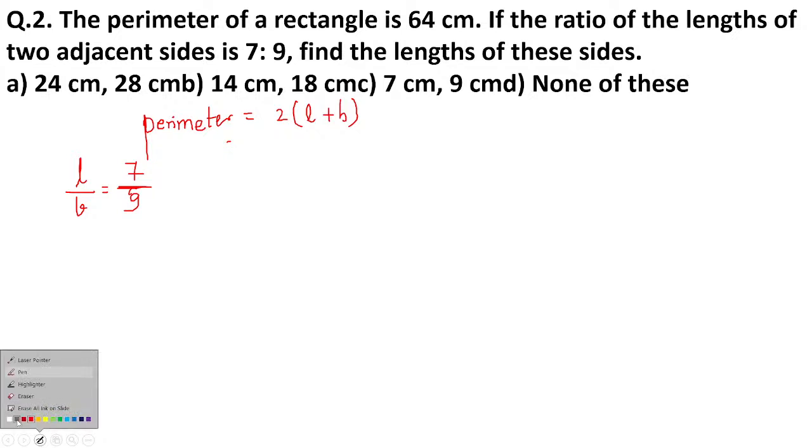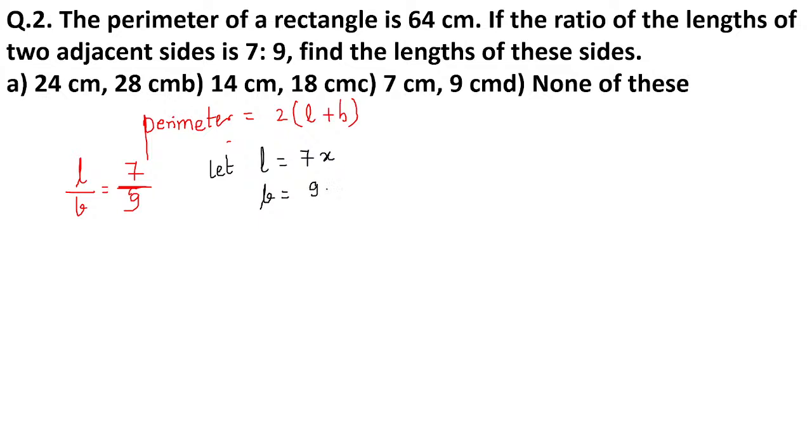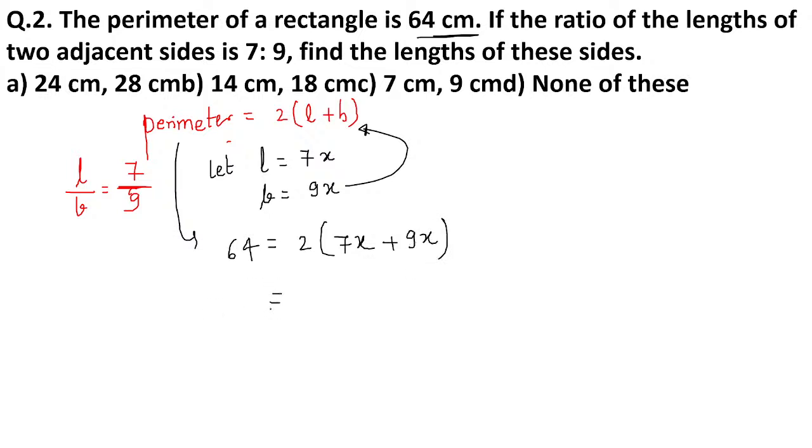So let us consider the length is 7 parts or 7x, and the breadth is 9 parts, that is 9x. Got it? Put the values in the formula, you will get the answer. Perimeter is equal to 64 given in the question. So put it into the formula: 64 is equal to 2 into 7x plus 9x. Solve it, you'll get the answer.